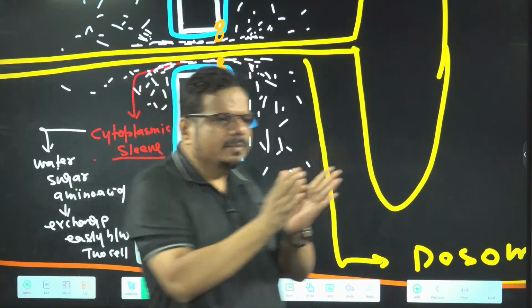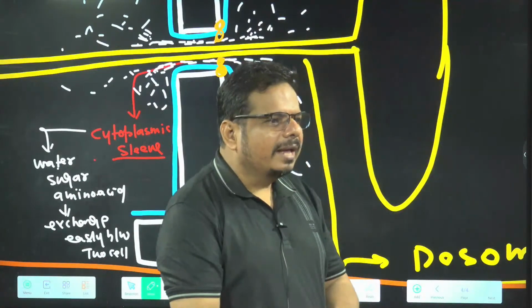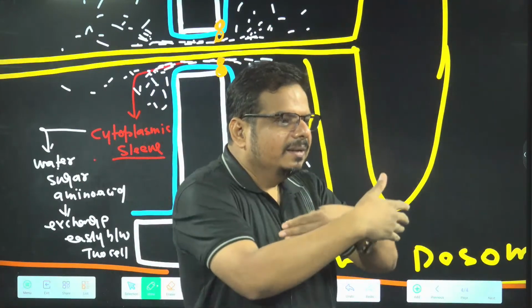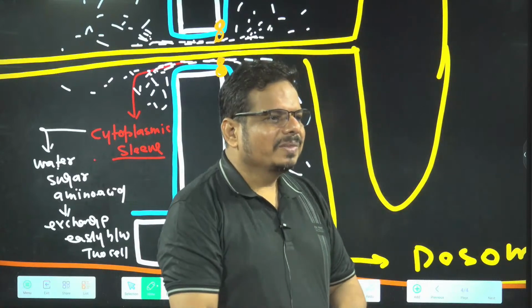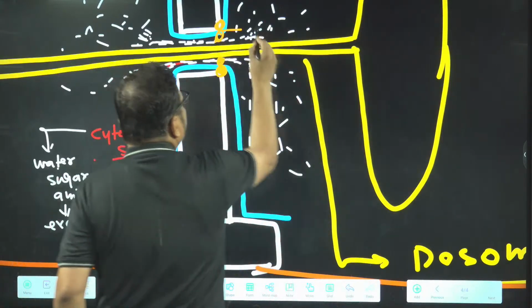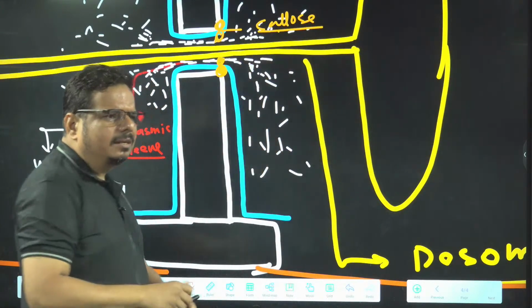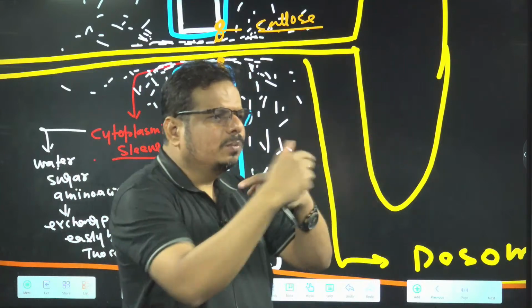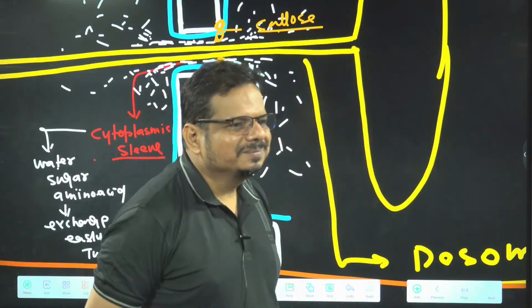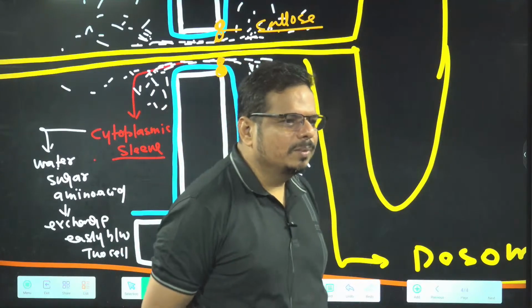And when the cytoplasmic sleeve is blocked, transport is stopped. So it's not like exchange always occurs. Regulated exchange occurs. So this callose is helping in the regulation of transport through plasmodesmata. Clear?